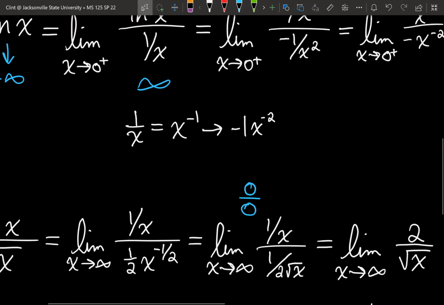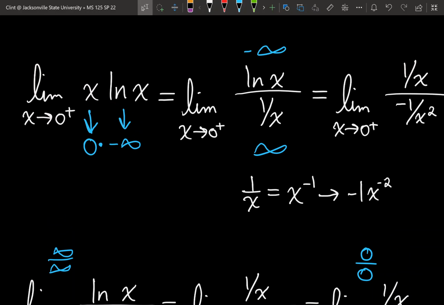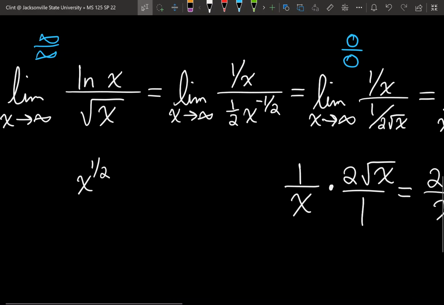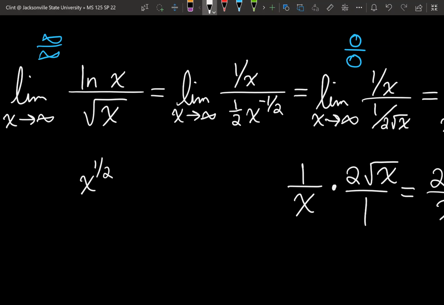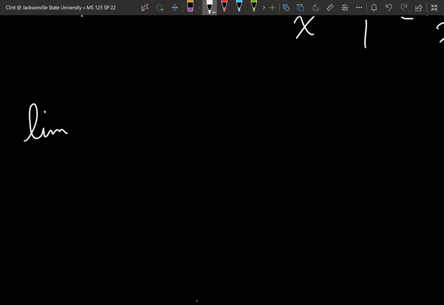But we had the one where we started off 0 times infinity indeterminate form, but we rewrote it to make it infinity over infinity. Yeah, so this is a good time. Give us a little break from all that algebra. So think about this one.